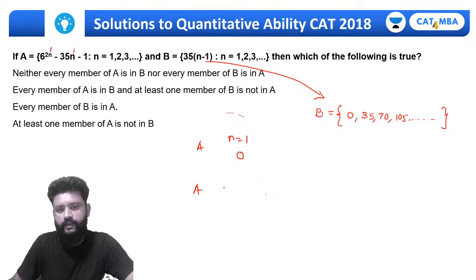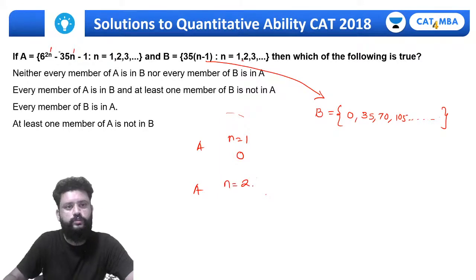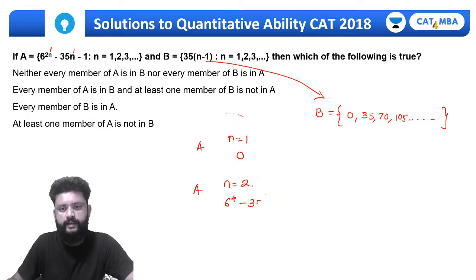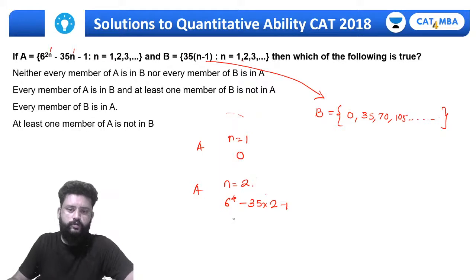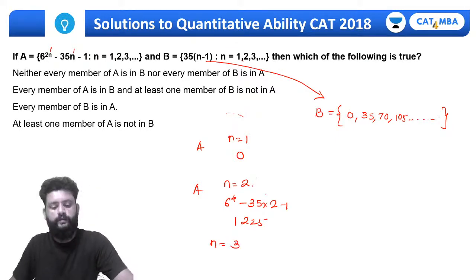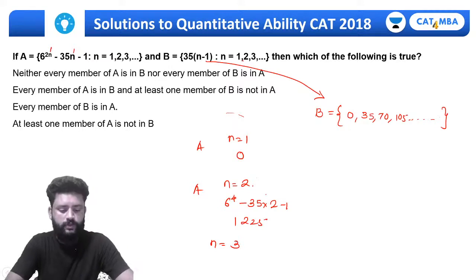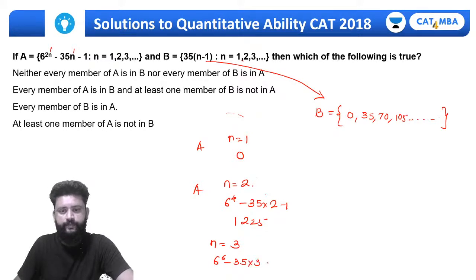If we take A when n equal to 2, this will be 6 to the power 4 minus 35 into 2 minus 1, which comes out to be 1225. When n equals 3, this comes out to be 6 to the power 6 minus 35 into 3 minus 1.